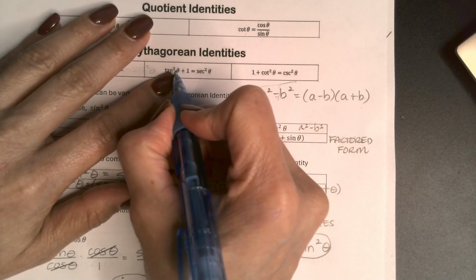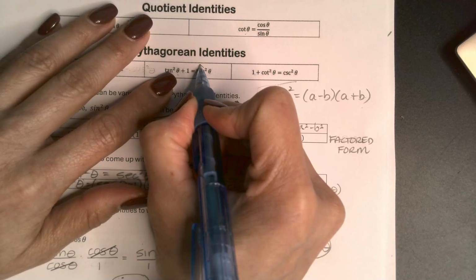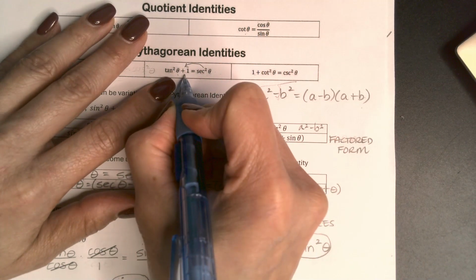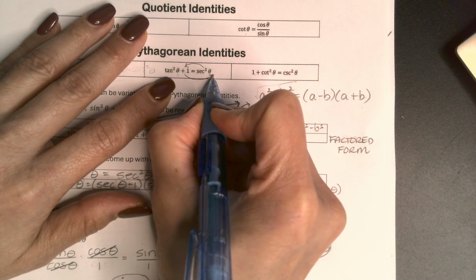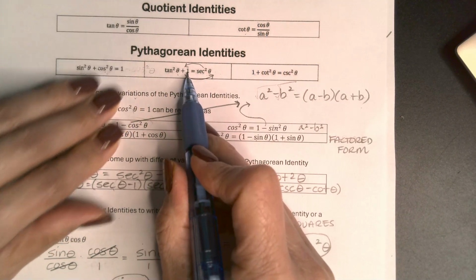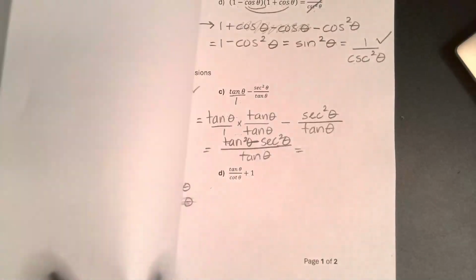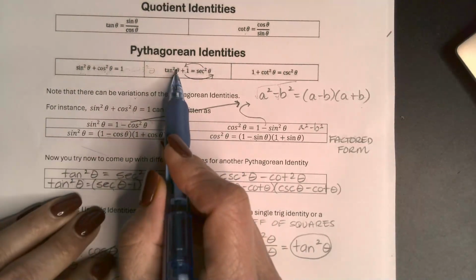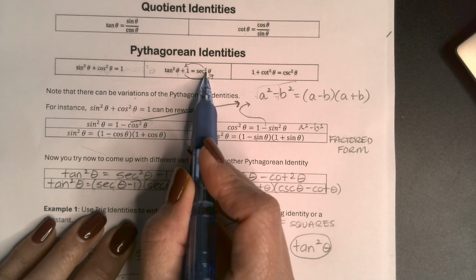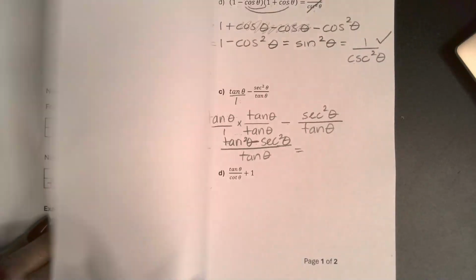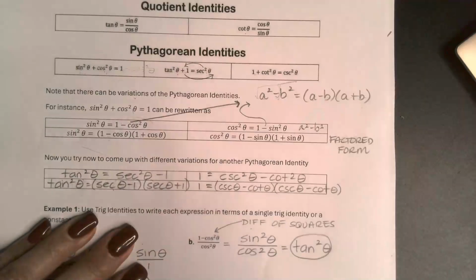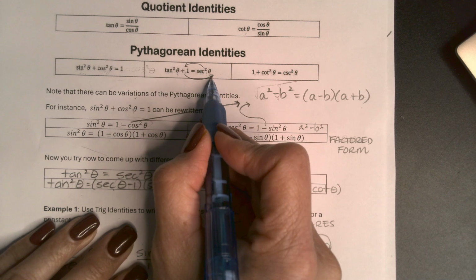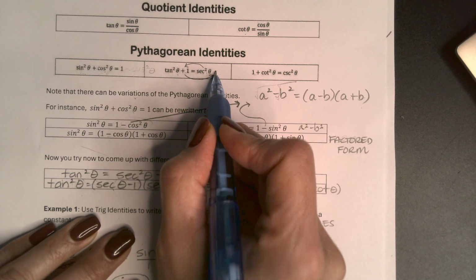So that means if tangent squared has to be subtracting, secant squared is coming to this side of the equal sign. And that means this plus 1 has to come over to this side. So notice how tangent turns negative, which is what we needed, right? Tangent squared combines with a negative secant squared, because secant squared is going to come over, and that's going to look like this. And it's going to equal what? Well, this plus 1 has to come over, and it's going to become a negative 1.